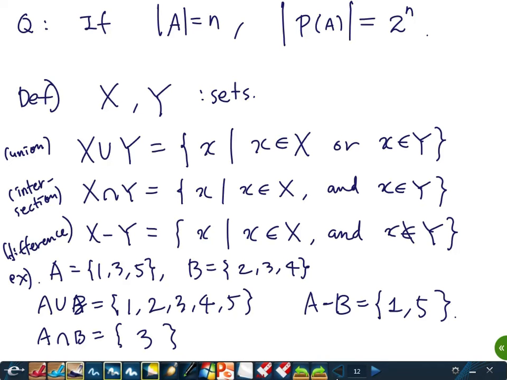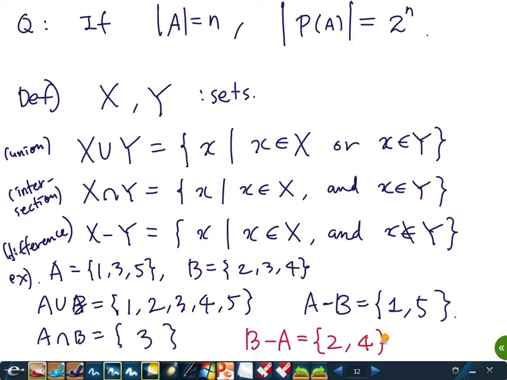Okay. So notice that, let's compute B minus A. What is B minus A here? 2 is here, not in A, so 2. 3, subtracted. 4, not there, so 4.